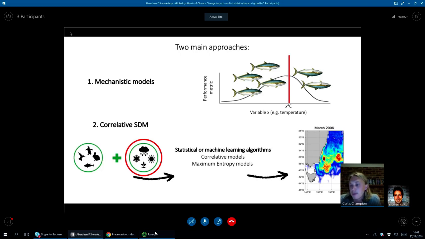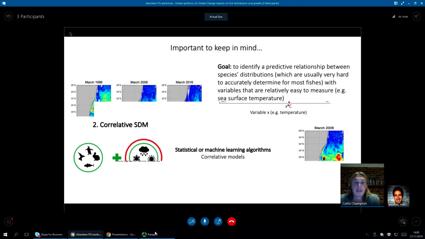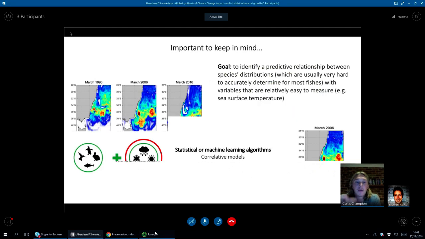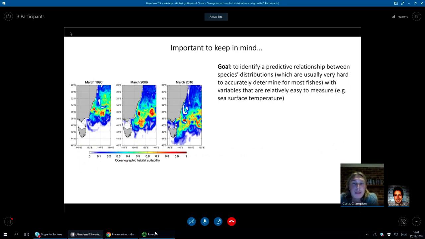And the examples that I'm going to step through soon will really focus on this second correlative species distribution modelling approach, the more common of the two. But it's important to keep in mind that the goal is to identify a predictive relationship between a species distribution, which is typically quite hard to measure.